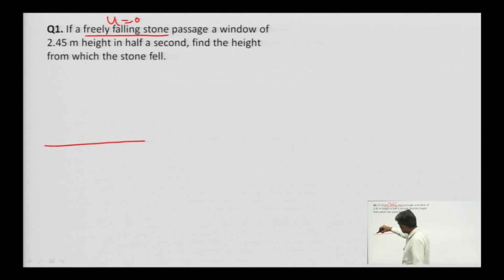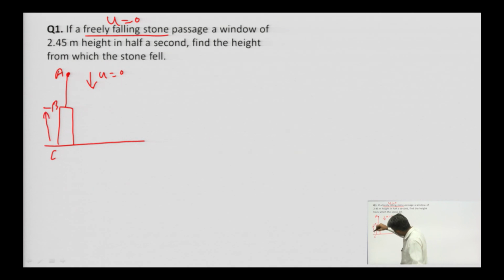Suppose this is the ground and this is the window, and the stone is freely falling from this point. Say this point is A, this point is B, this point is C, and the height of the window is given as 2.45 meter.